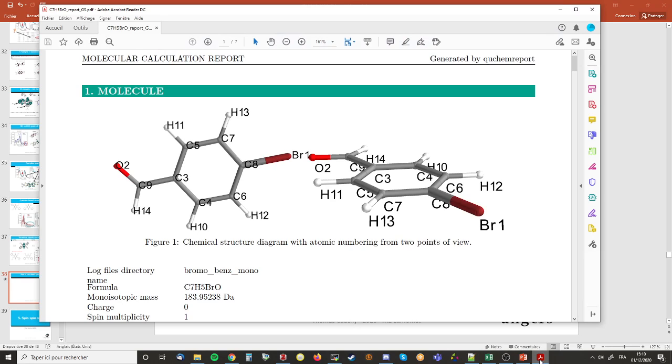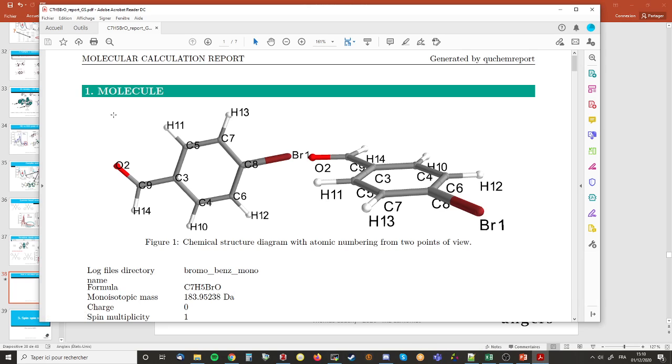Let's do the same with the bromobenzaldehyde. Okay, so for those we have the report, you already have some pictures. For the others, and there is no obligation, you need to use Avogadro, for example, to get the HOMO pictures, or GabEdit, or GaussView, as you wish.